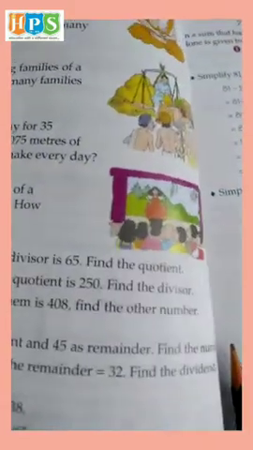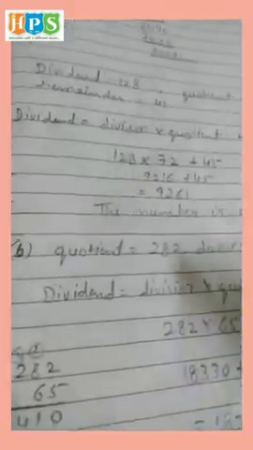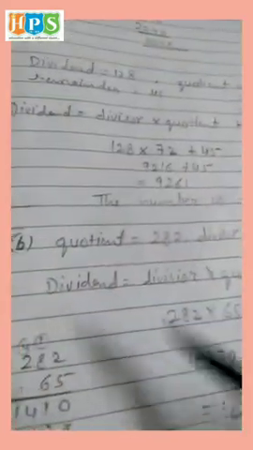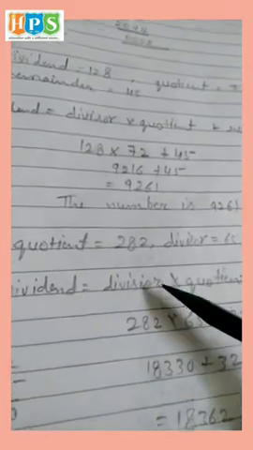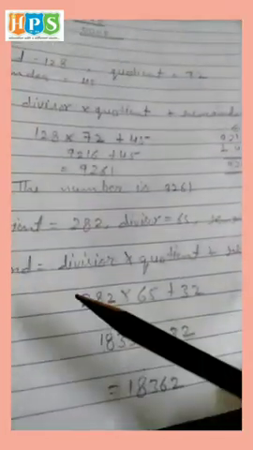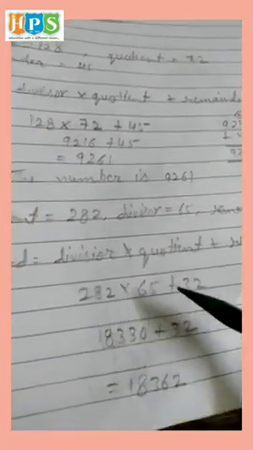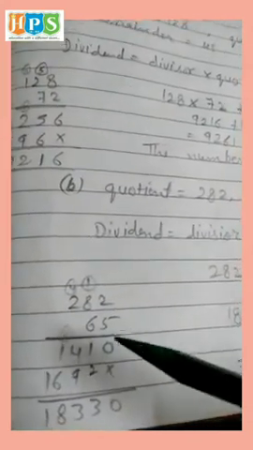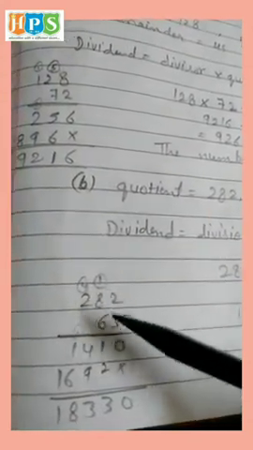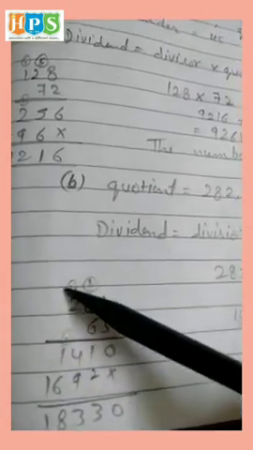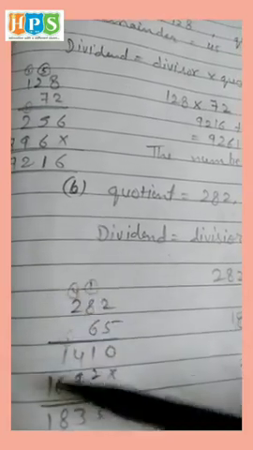In a division sum, the quotient is 282, the divisor is 65 and the remainder is 32. Find the dividend. The formula is dividend is equal to divisor multiply quotient plus remainder. 282 multiplied by 65 plus 32. 282 multiplied by 65. 5 twos are 10. 5 eights are 40 and 1 is 41. 1 carry 4. 5 twos are 10 and 4 is 14.